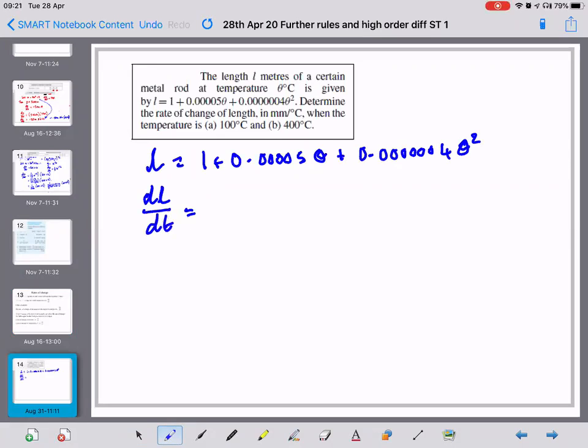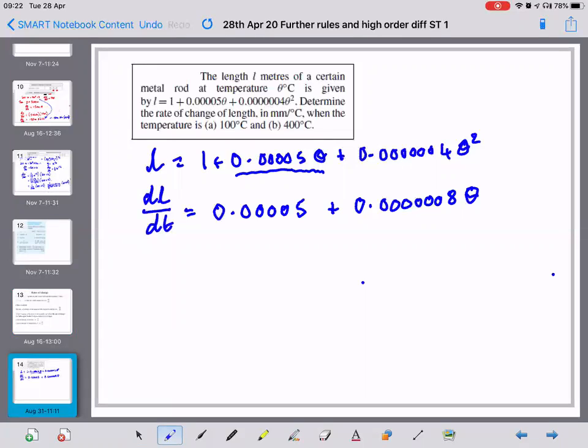When we differentiate the constant 1, it disappears. Differentiate this part, it becomes just 0.405. When we differentiate this part, the 2 comes down, so it's plus 0.00012 theta. All follow that, hopefully?